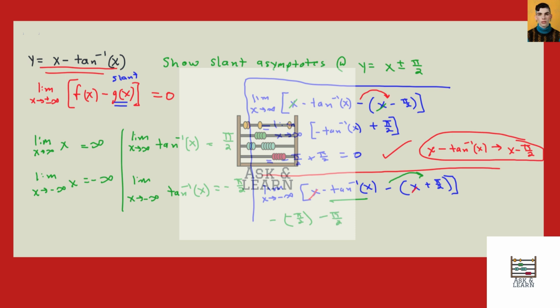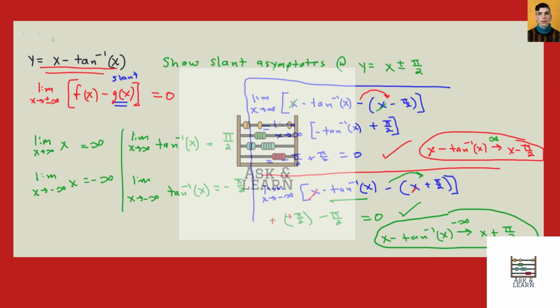So these two negatives cancel out, and then we have pi half minus pi half, which gives us 0. So that is also a slant asymptote. Oh, actually I should put this is for infinity right there, and then for our other one, x minus tangent inverse of x will tend towards x plus pi half when x is going to negative infinity.